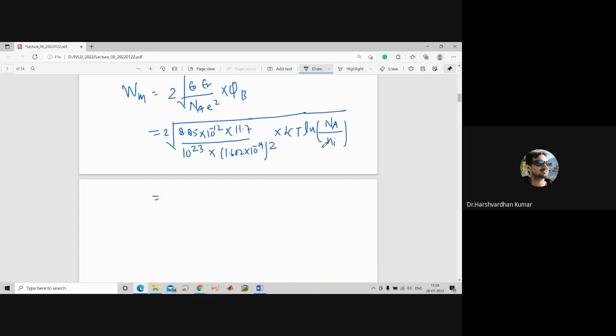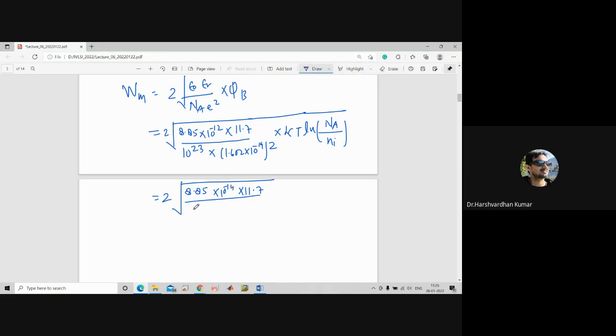This is the formula. So now we will check the formula and everything. The square root of 8.85 into 10 to the power minus 12 into 11.7, or if you don't want to convert, then you can simply write 10 to the power minus 14 farad per centimeter, so that we will not convert the doping concentration into per meter.